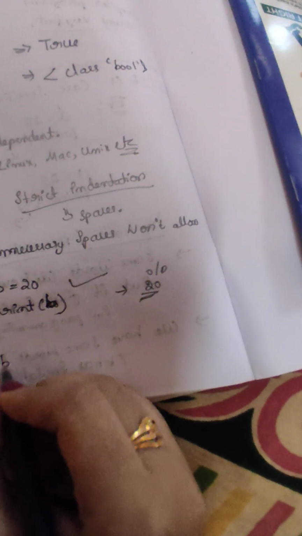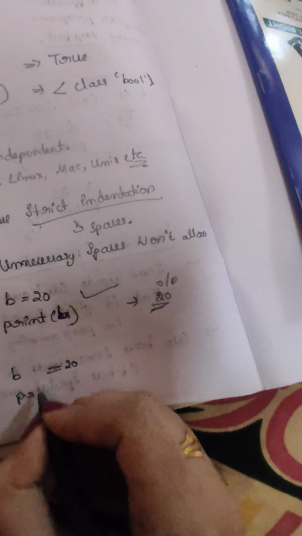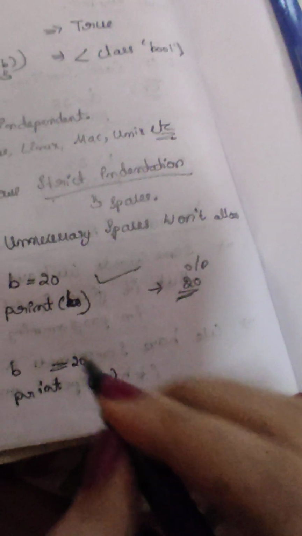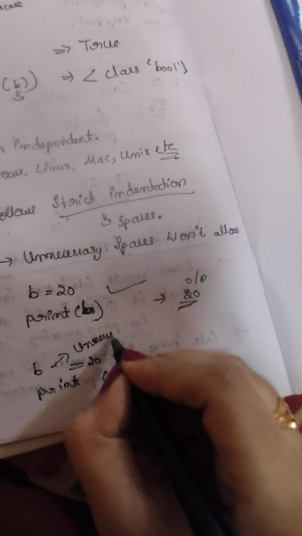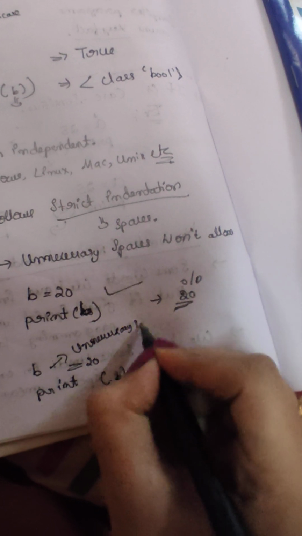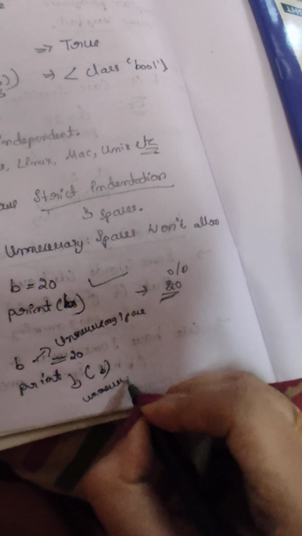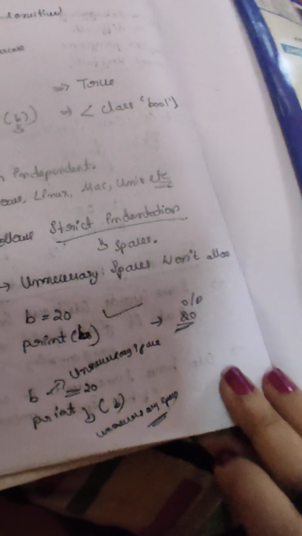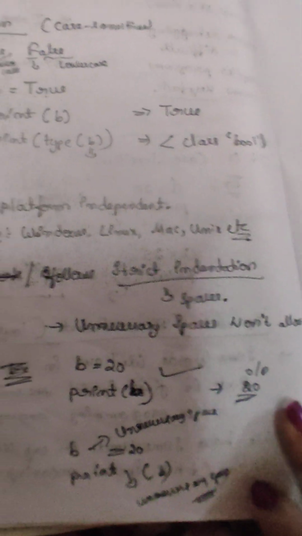But if I give like this, B is equal to 20, print of B, with unnecessary spaces here and here, it shows an error. So Python strictly follows indentation. Unnecessary spaces it will not allow.